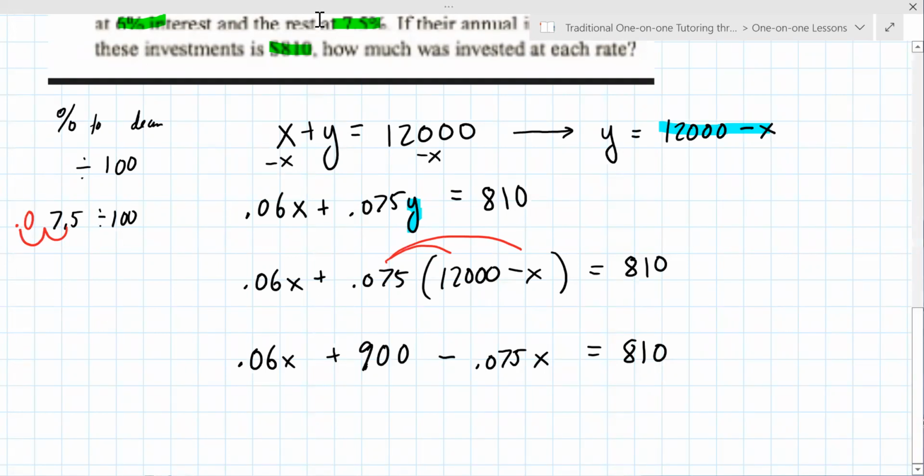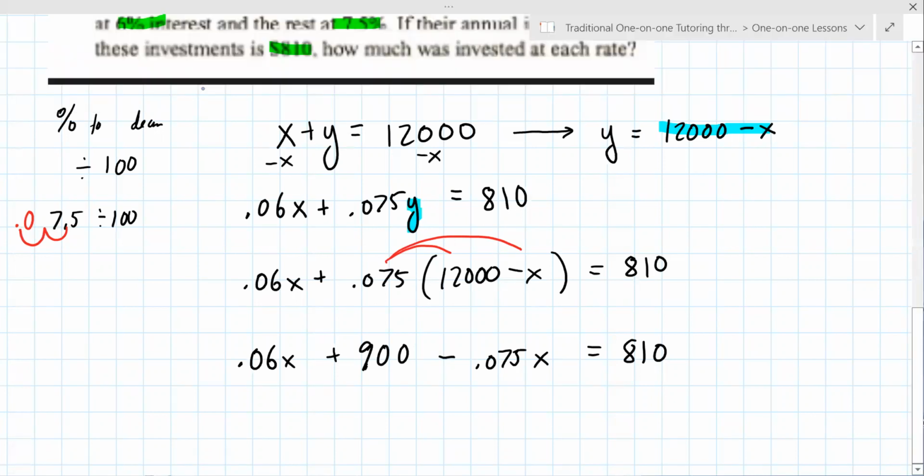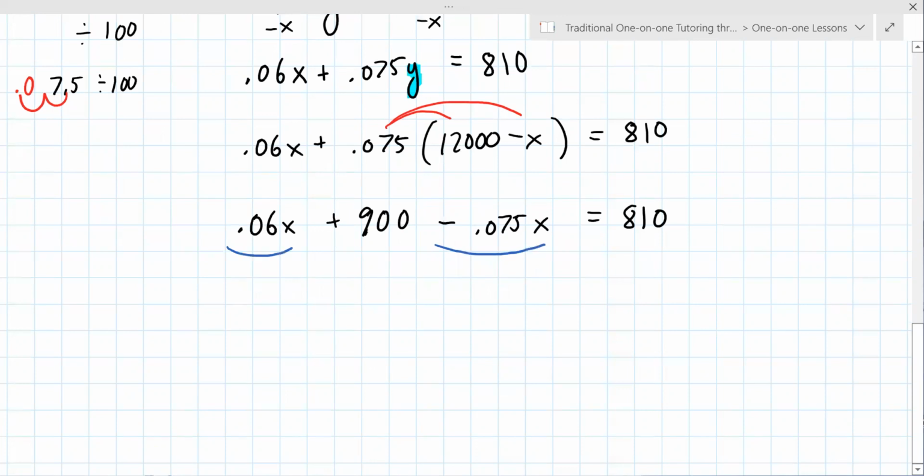Okay, so now we're at a line where we need to combine like terms. The 0.06x and the minus 0.075x. Yes, they do combine. So what do they combine to? And again, if you're allowed to use a calculator, just use that, or if you know the answer, you can tell me.